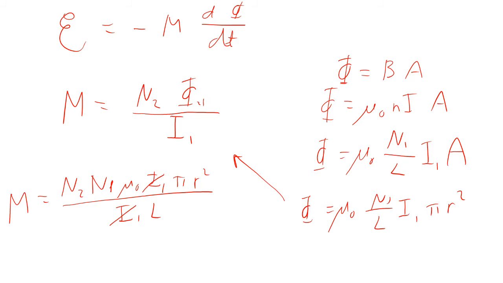And what we have left is M equal to 1 over L, N1, N2, mu naught, pi, r squared.